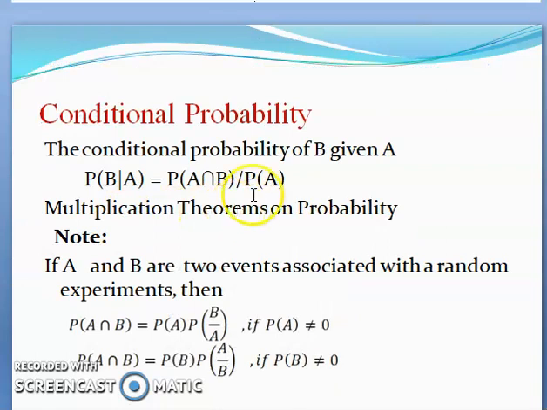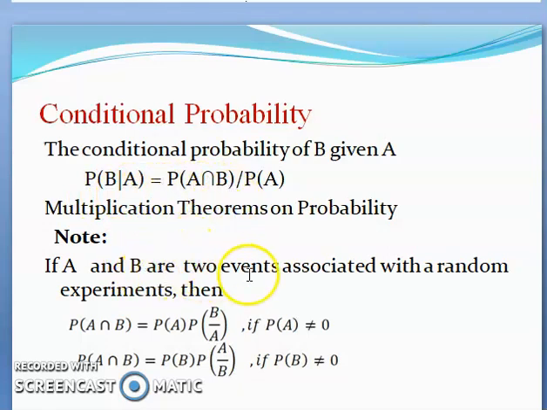Then the conditional probability of B given A, P(B|A), equals probability of A intersection B divided by P(A). This gives the multiplication theorem on probability. After cross multiplication, we get probability of A intersection B equals P(A) into P(B|A).